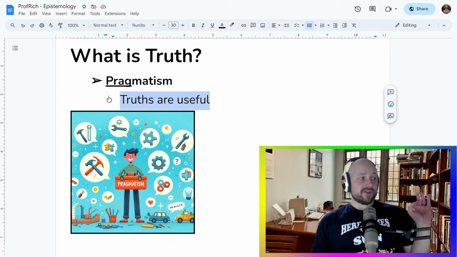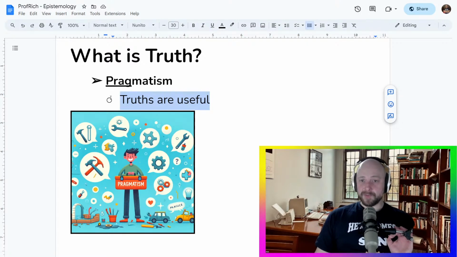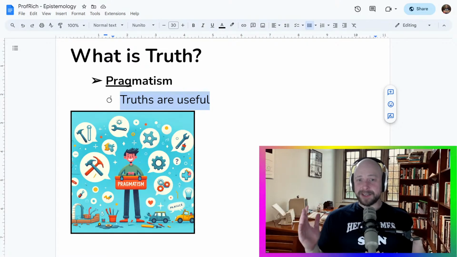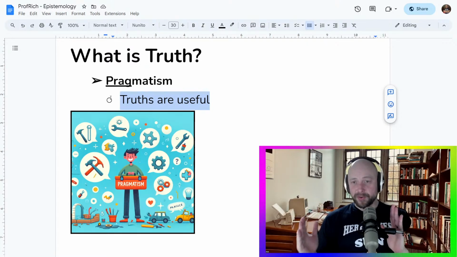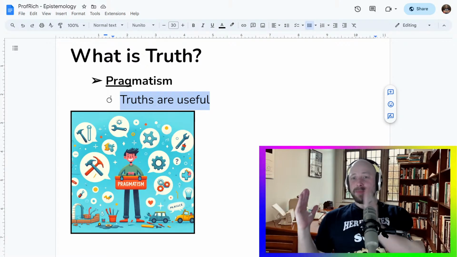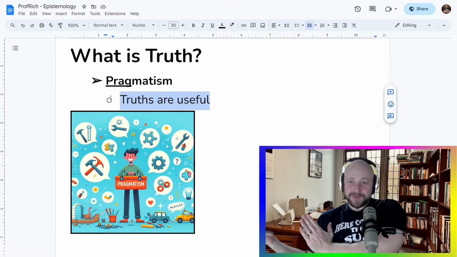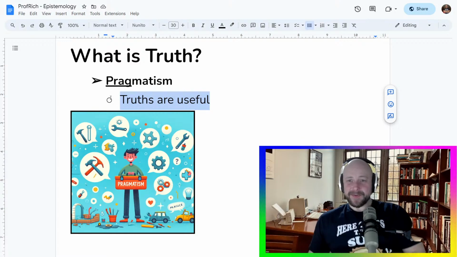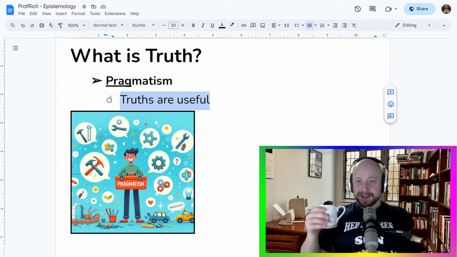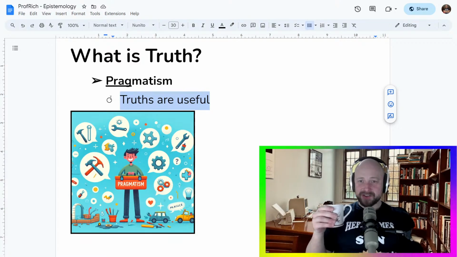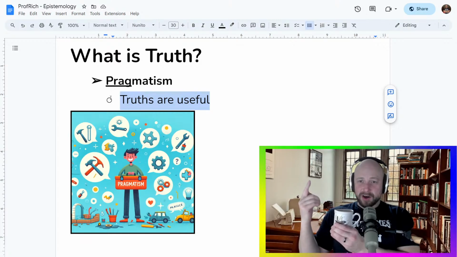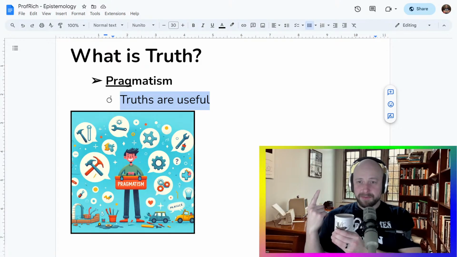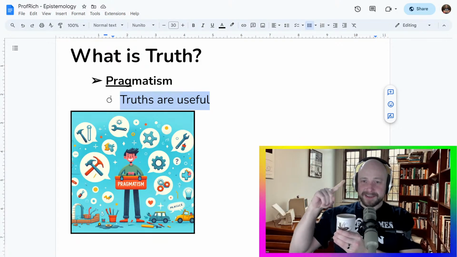It's that truths are useful. So with pragmatism, we say something is true if believing it's true is useful, right? For example, I think it's true that hot water will burn my finger, right?